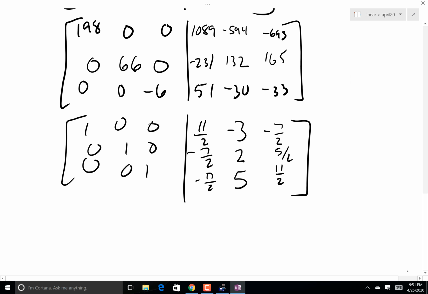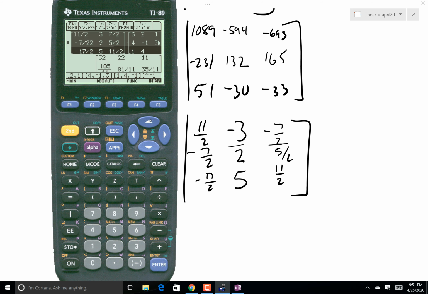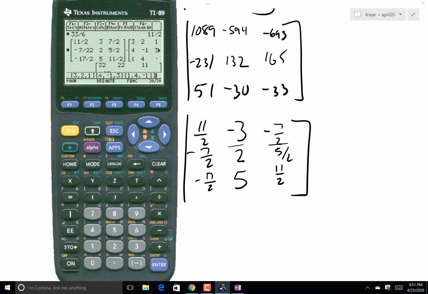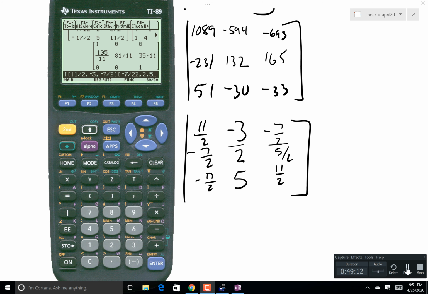All right, so I dropped a negative here and here. So let's go back and fix those. So it should have been a negative 3 and a negative 7 halves. Still messed up. Okay, I'm just a moron.